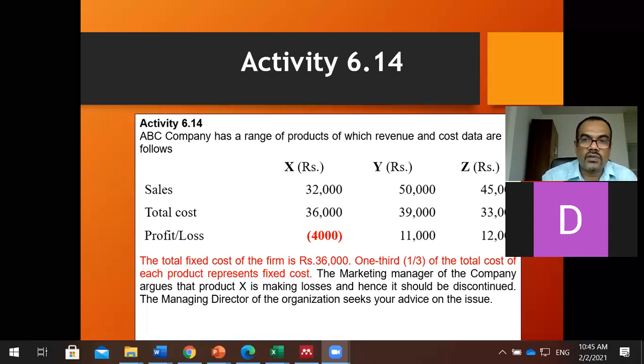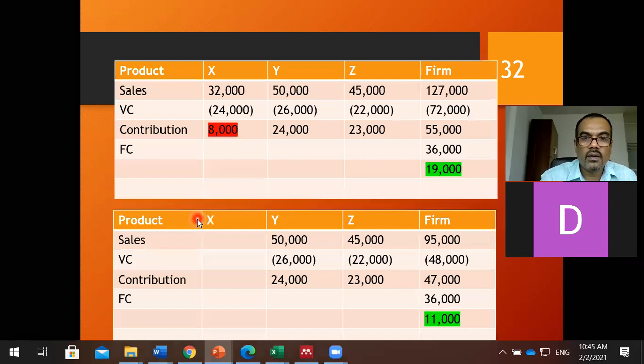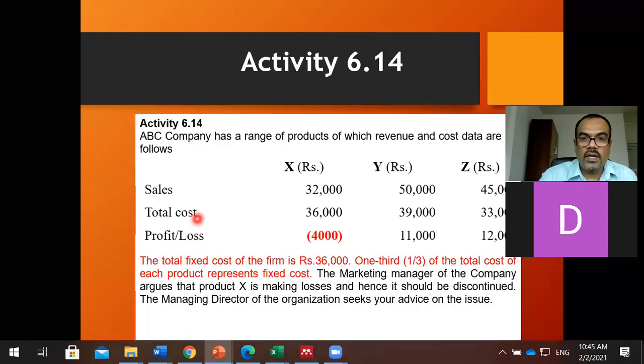Okay, good. Since the time does not permit, I'll jump on to the answer. Before showing you the answer, you can do a mental calculation here.